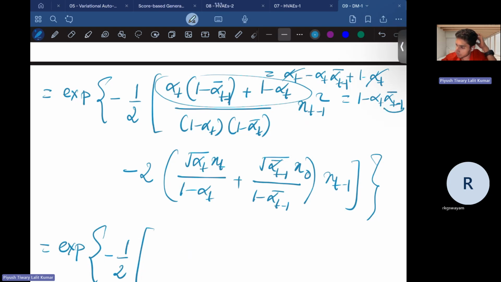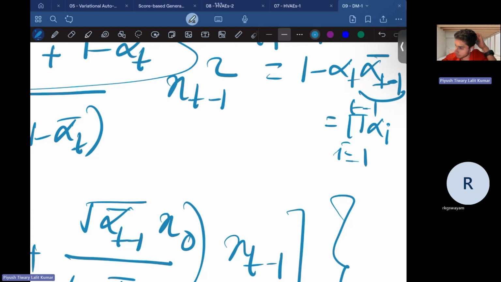And what is alpha_{t-1} bar? That is just the product of alpha_i going from 1 to t-1, as we had defined it. So if I multiply it with alpha_t, this will become nothing but alpha_t bar. Is that clear?